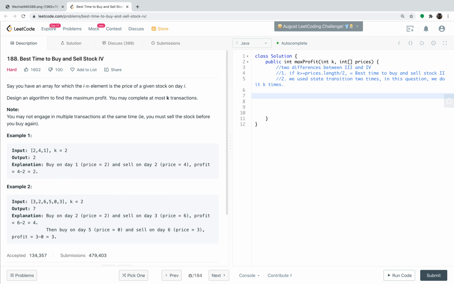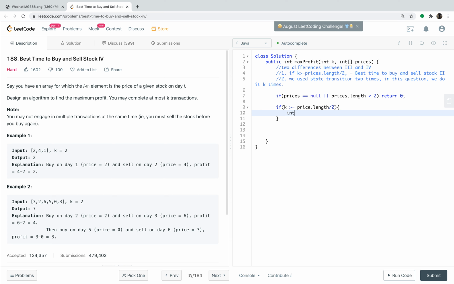So let's see how to write the code. First, we still write down the edge case. Return 0. Then we consider the case k is larger than or equal to half of the prices length.